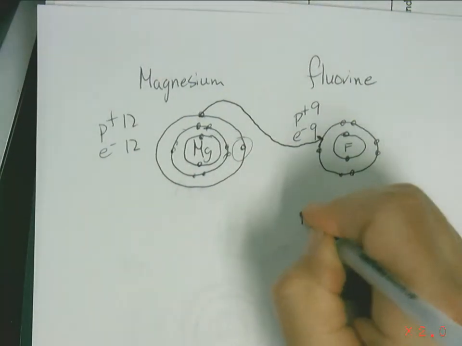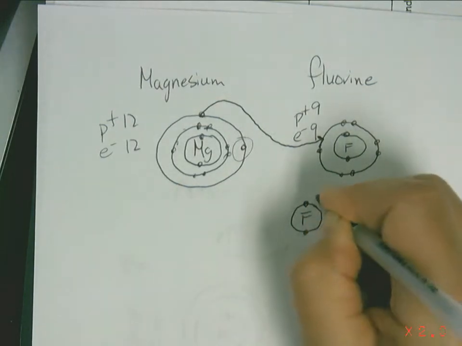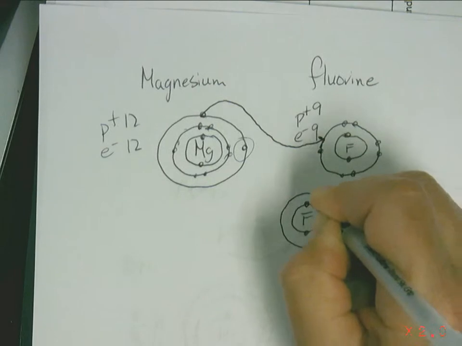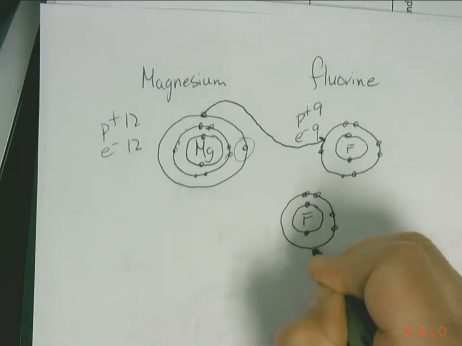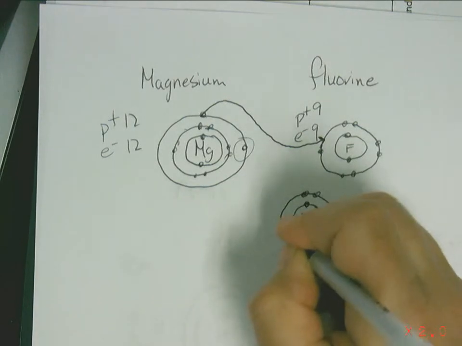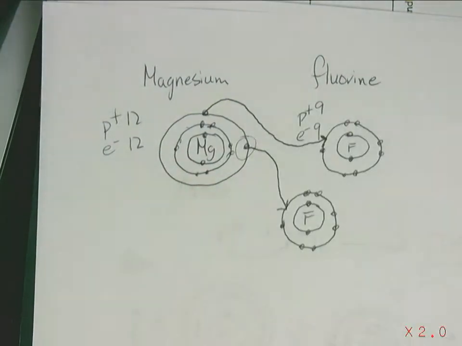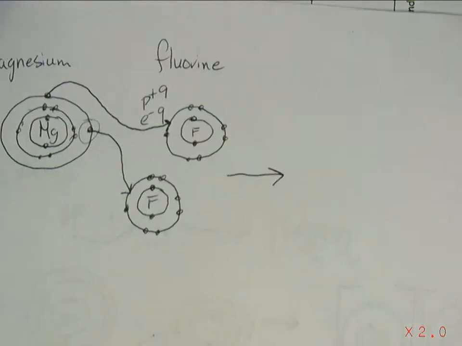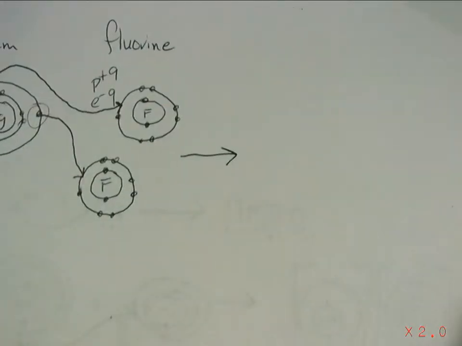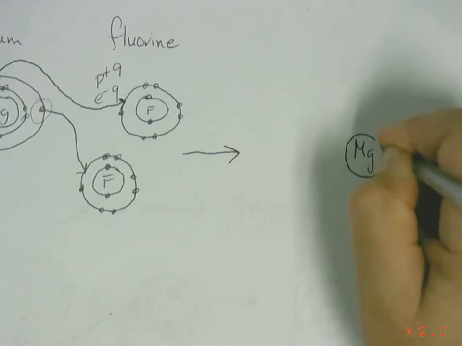So in a reaction, you'll have many atoms of the different elements involved. So if we have another fluorine, that'll take care of that other electron. So we'll draw the compound, the product of this reaction, magnesium fluoride.